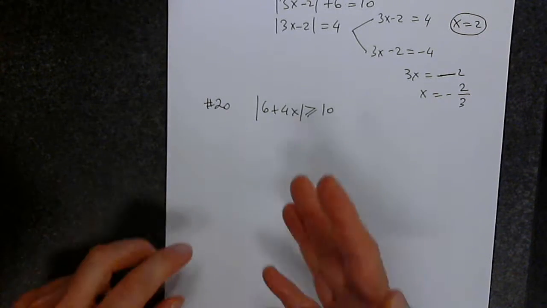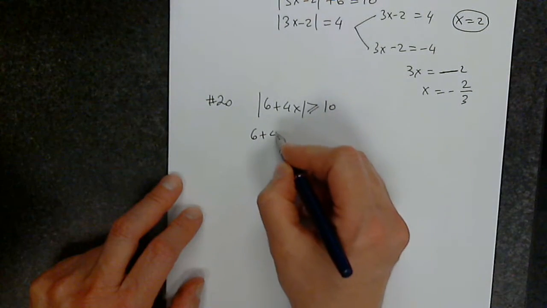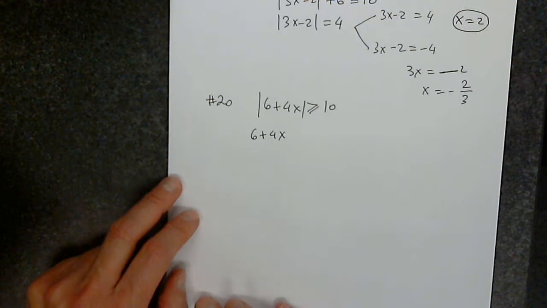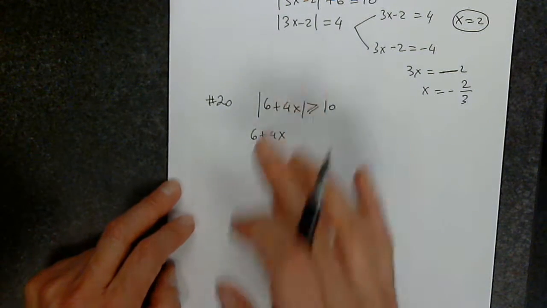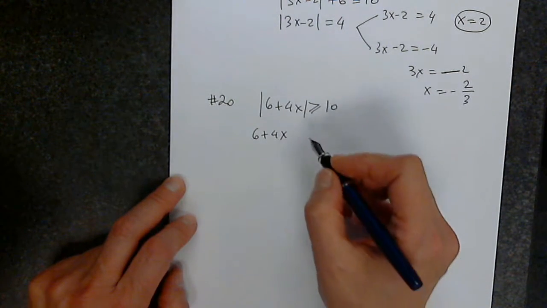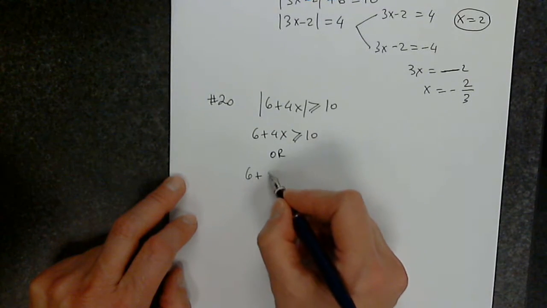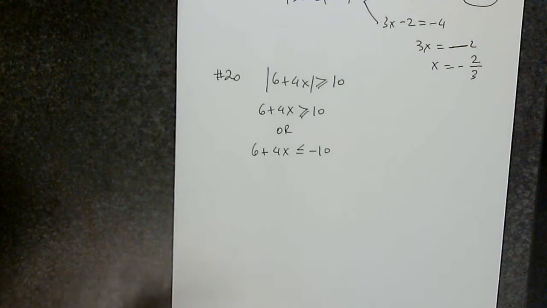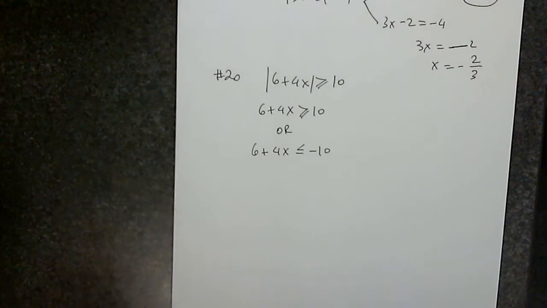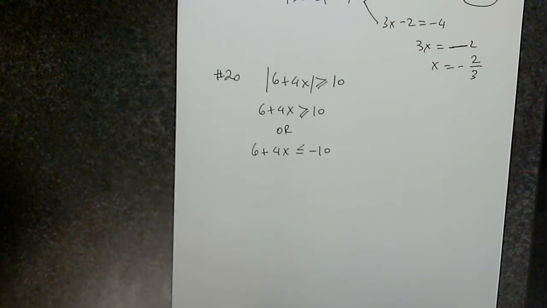Okay, can anyone tell us how to translate this? Wouldn't it be 6 plus 4x is greater than or equal to 10, then 6 plus 4x is less than or equal to negative 10? Excellent. Because we are looking for greater than 10, so I have to be outside, either to the right of 10 or to the left of negative 10.